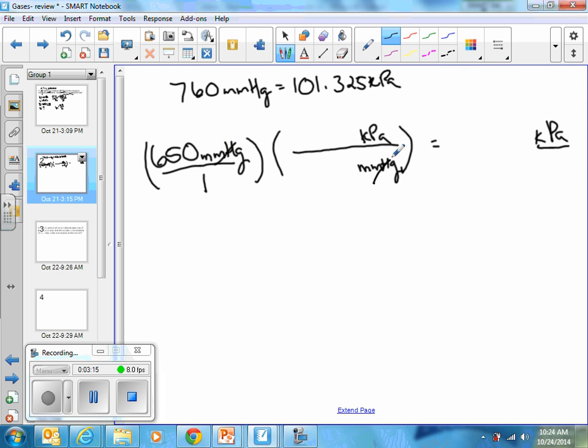So millimeters of mercury cancel. 101.325 kilopascals is equivalent to 760 millimeters of mercury. So we multiply 650 times 101.325, divide by 760, and we end up with 86.6595. We don't want to round this yet because we're still going to use that number in our calculation.